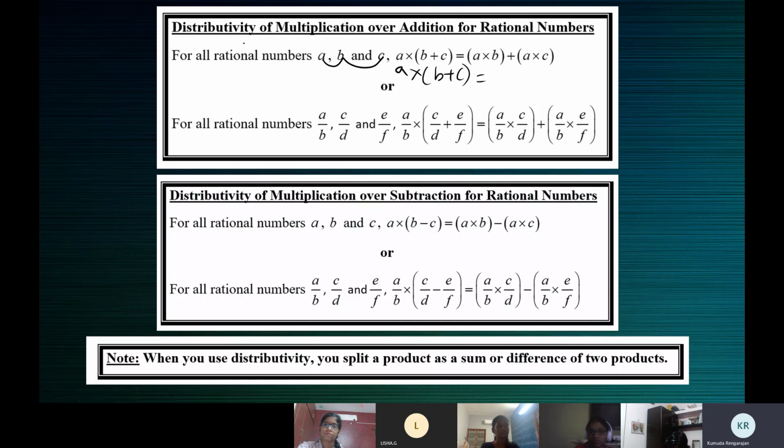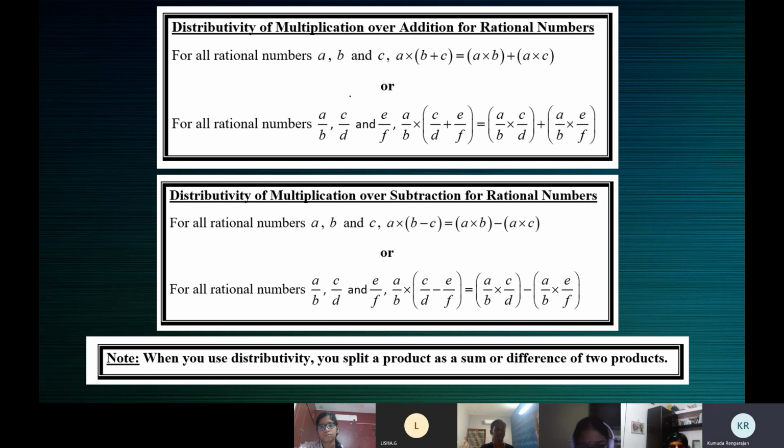Distributive property of multiplication over addition, distributivity of multiplication over subtraction for rational numbers. So now when you have three rational numbers A, B, and C, you will see that A into B plus C is equal to A into B plus A into C.